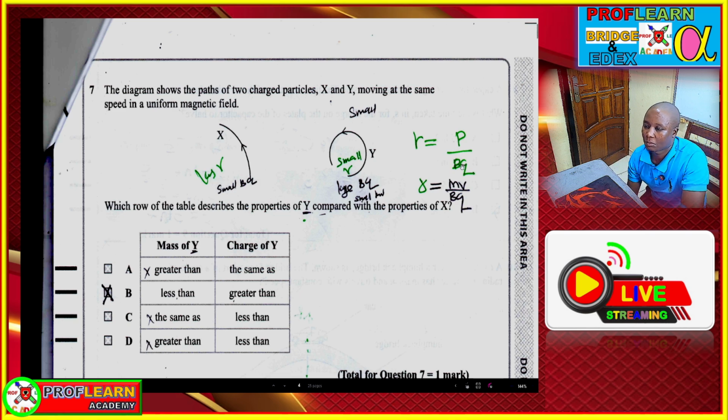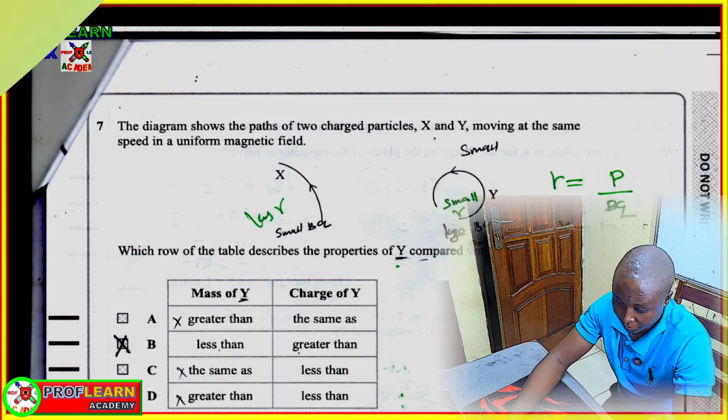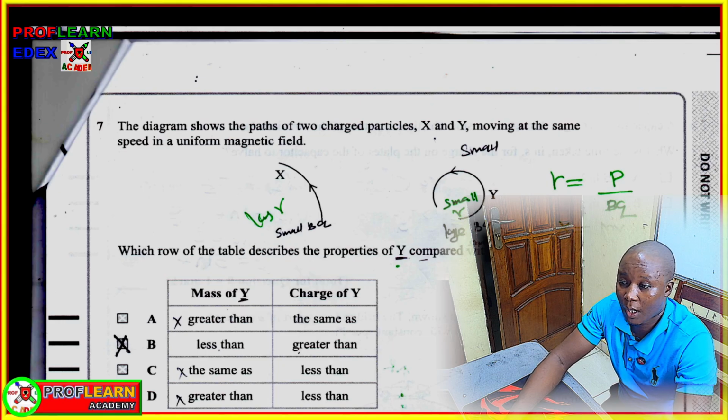Since the particles are moving at the same speed, they have the same amount of momentum. But you realize that the radius of X is larger than the radius of Y.